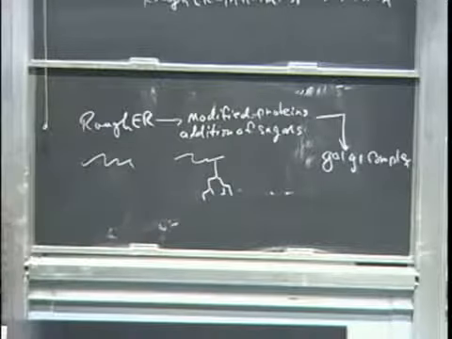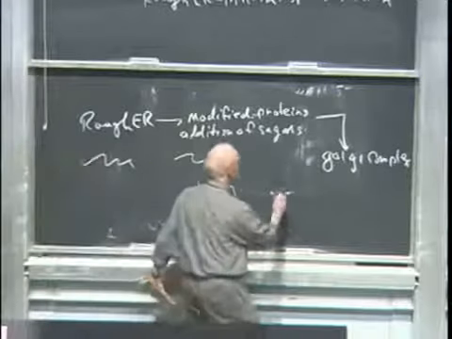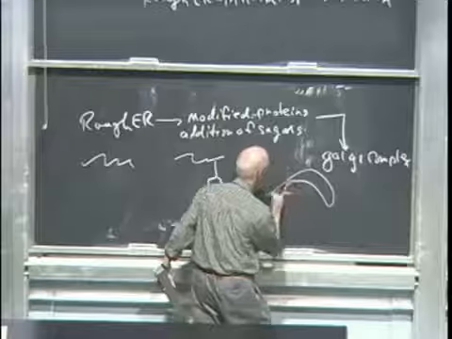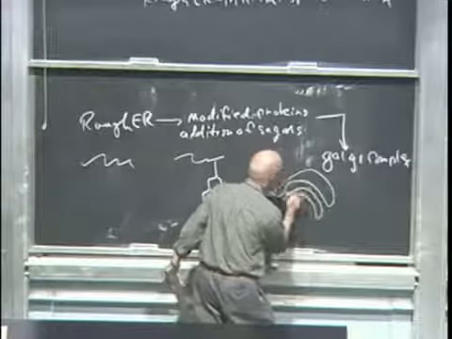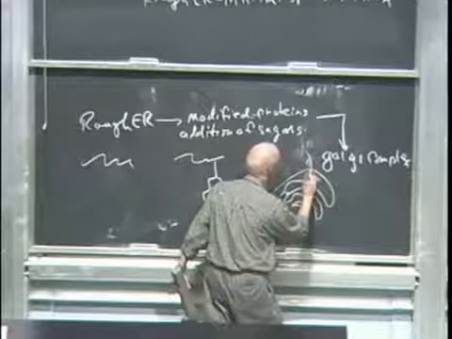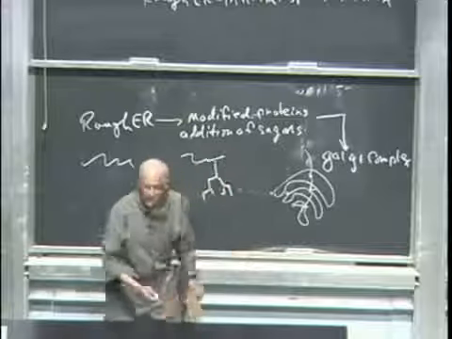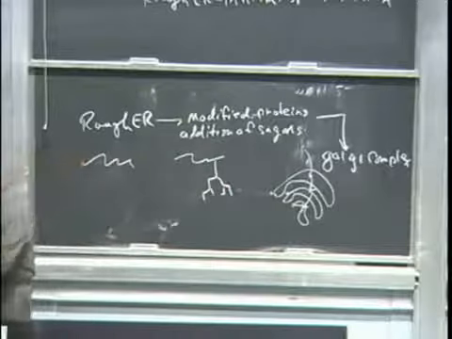So as the proteins move through the Golgi complex, which is usually drawn like this, as a series of membranes closely associated with each other, proteins come in, move here, and then are finally sorted out. It's like a plate of stacked dishes.